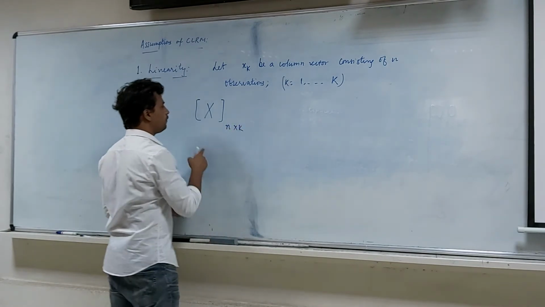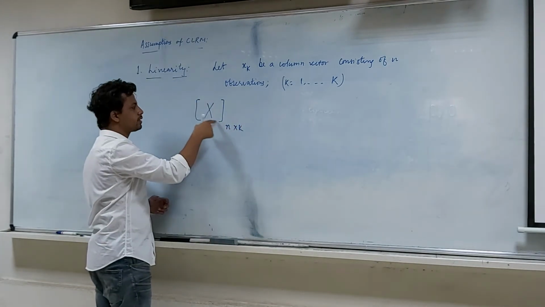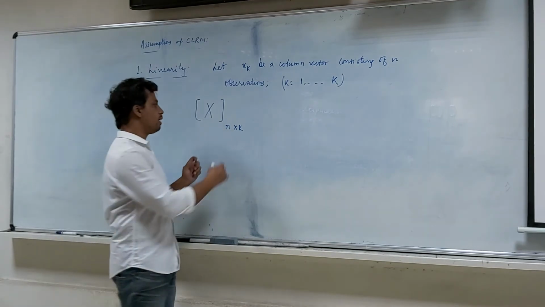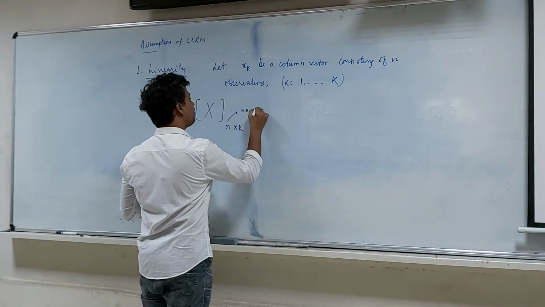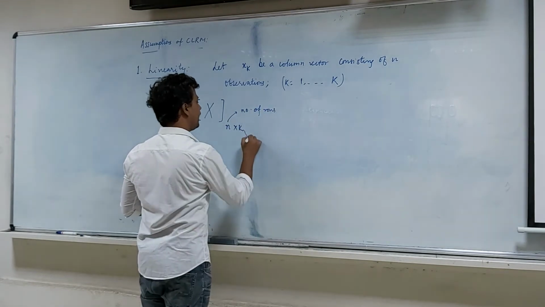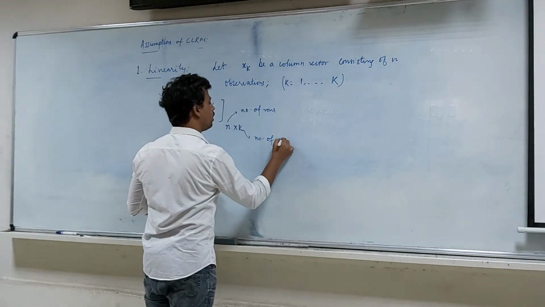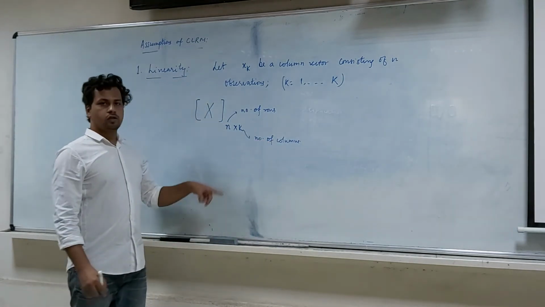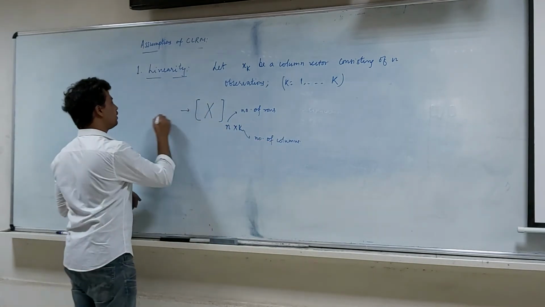So the dimension of the data matrix can be thought of as n times k. N stands for number of rows, k stands for number of columns, right? So this is my data matrix.